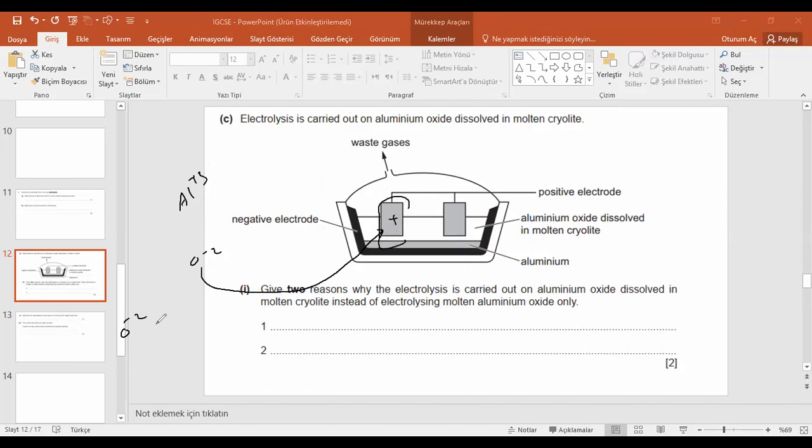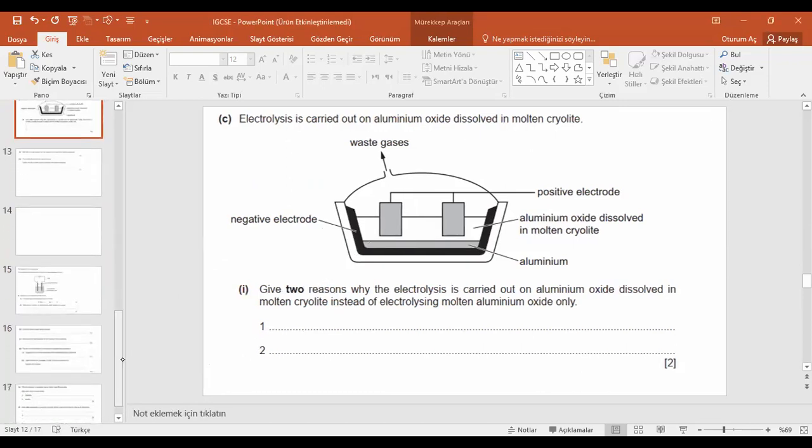O2- will become oxygen plus 4 electrons. This oxygen, under the operating temperature, will react with carbon to produce CO2. So the positive electrode, the anode, will be eaten, so it must be replaced regularly.